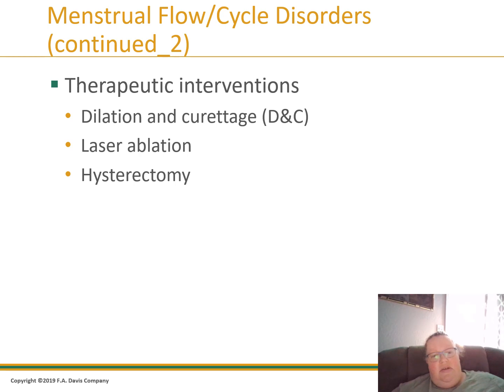There's also a laser ablation. Ablation means they basically burn the inside of your uterine wall, keeping you from having a cycle. This is not recommended for women who still want to have children, but it is a simpler procedure than a hysterectomy, and that is another intervention.